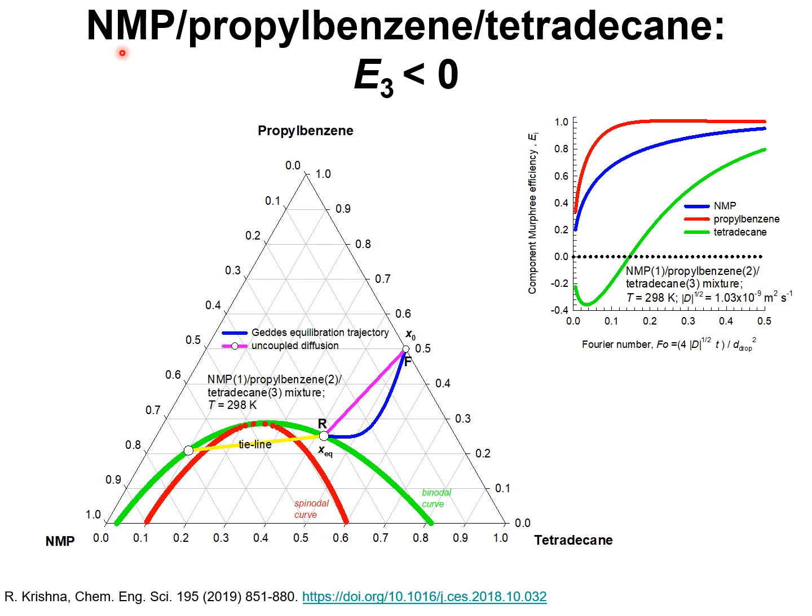We examine mass transfer in the extraction of a mixture of propylbenzene and tetradecane using the solvent NMP. The feed mixture is a 50-50 mixture of propylbenzene and tetradecane, shown here. This is contacted with the solvent NMP on a sieve tray column.